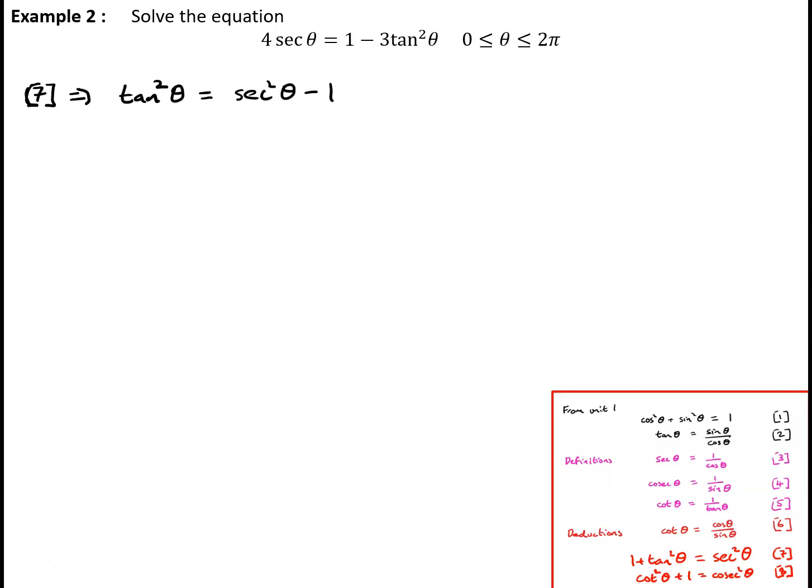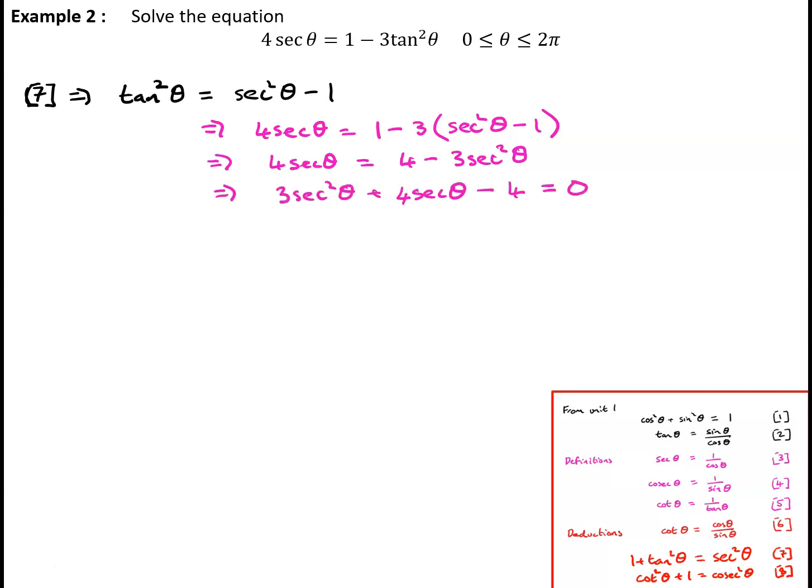Using equation 7, I know that tan squared theta is the same thing as sec squared theta minus 1, which means that I can rewrite the equation that I've got as 4 sec theta equals 1 minus 3 lots of sec squared theta minus 1. In other words, I've got 4 sec theta equals 4, take away 3 sec squared theta, or 3 sec squared theta plus 4 sec theta minus 4 equals 0.